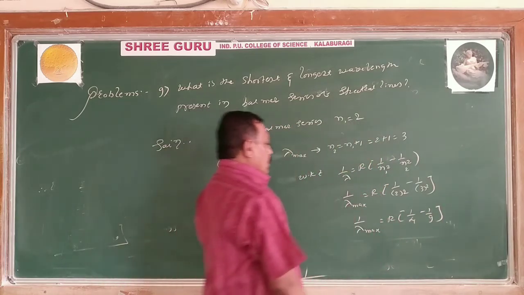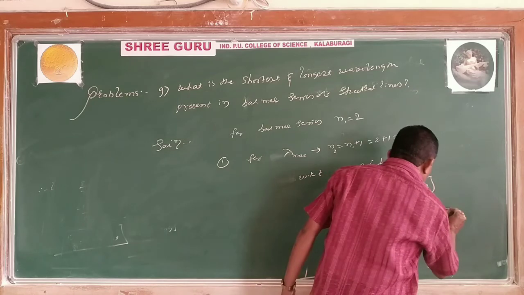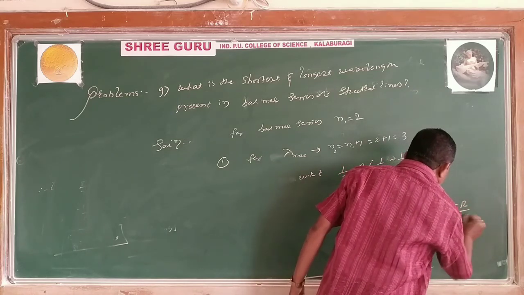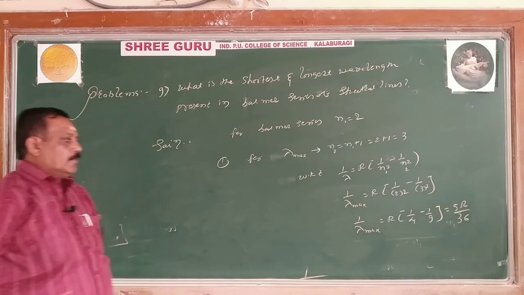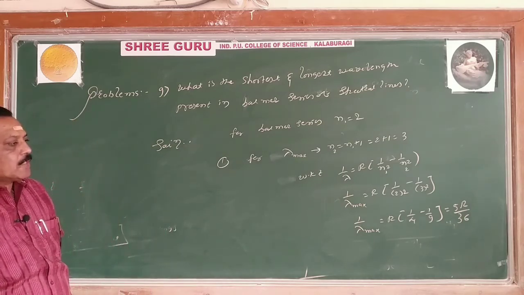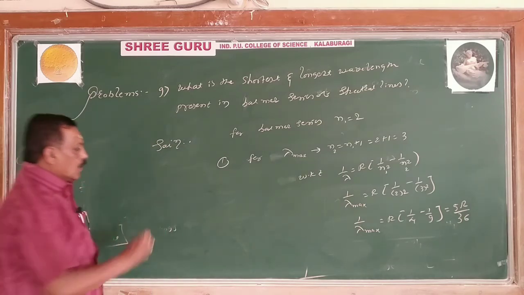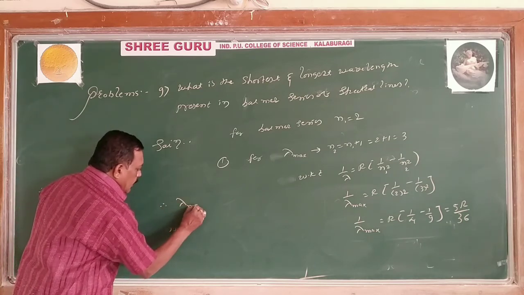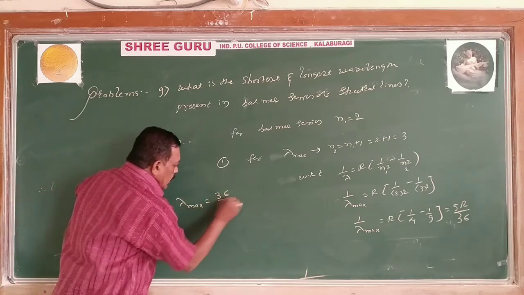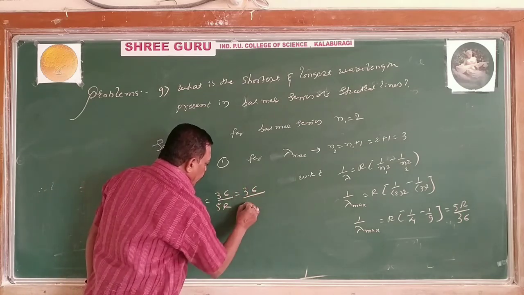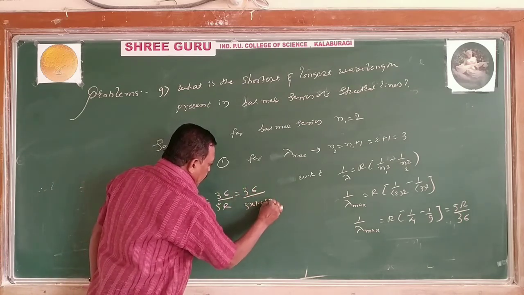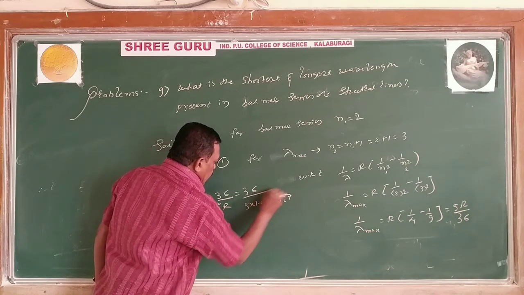So 9 minus 4 is 5, 5 into R, 5R by 36. Is it clear? Yes. Therefore, lambda maximum equals 36 divided by 5R. 36 divided by 5 times 1.097 into 10 to the power of plus 7.